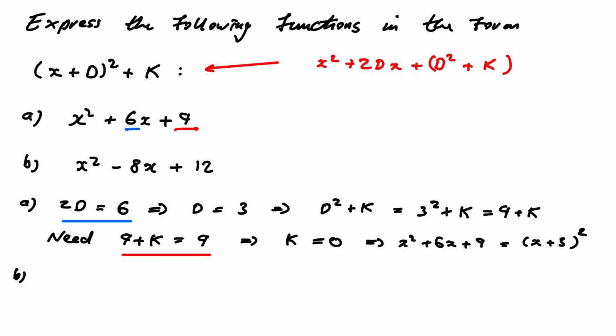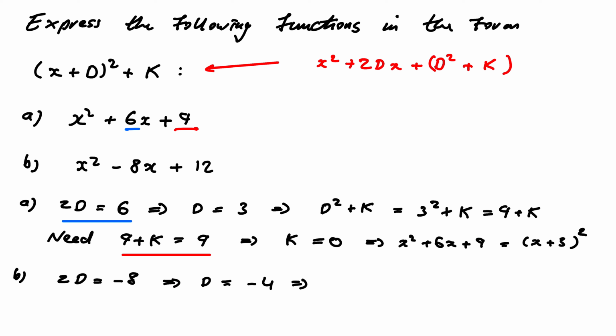So b, same story. Minus 8, let's do exactly the same. So 2d, I've got to match up the coefficients, has to be equal to minus 8. So that implies, of course, that d has to be equal to minus 8 divided by 2, which is minus 4.